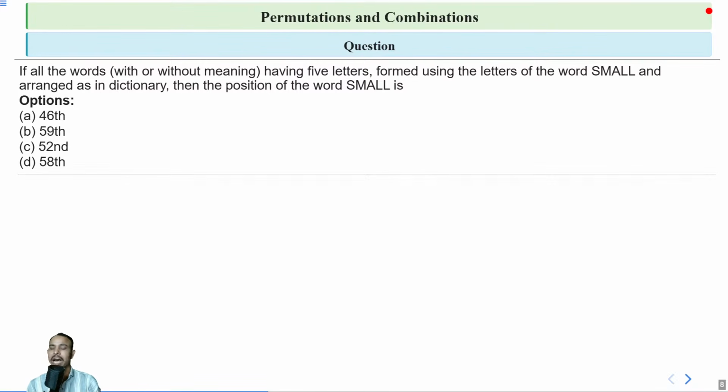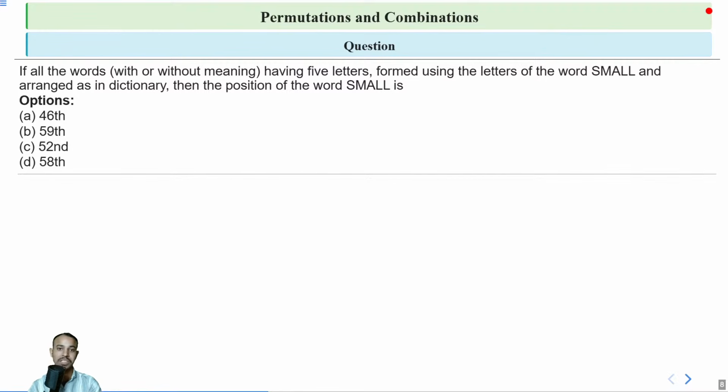In this question we have the word SMALL. We have to find the position of the word SMALL, if all the words with or without meaning, having 5 letters formed using the letters of the word SMALL are arranged in dictionary order.